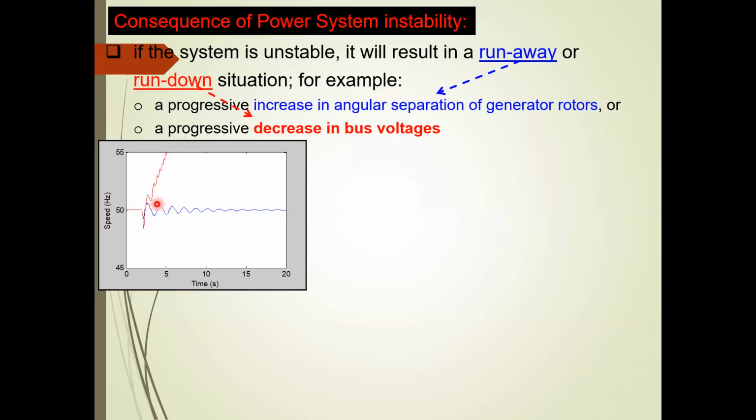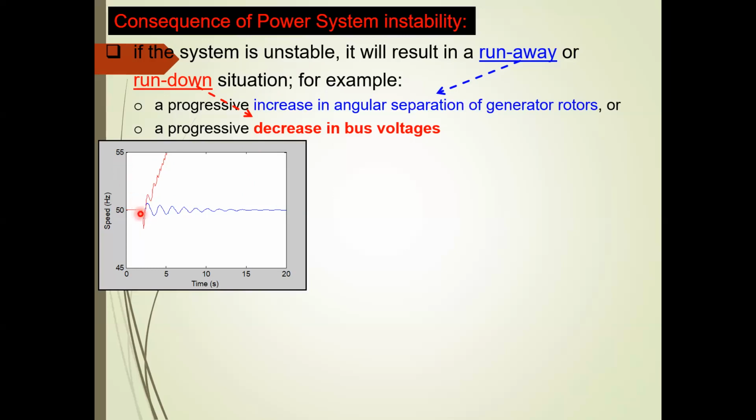So this is just an example showing that the system is now getting unstable. In this case, the frequency increases beyond the limits. Then you will have over frequency relay operation on the generator, which will trip the generator, that means shut down the generator.